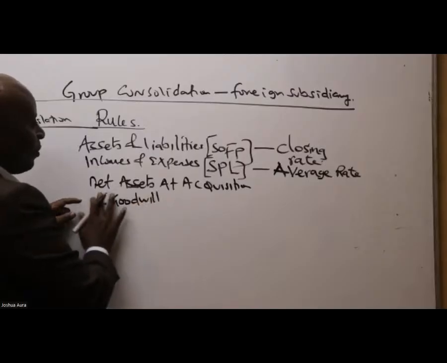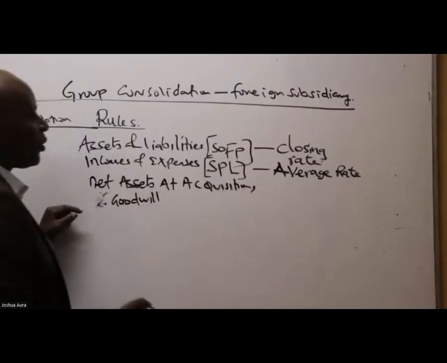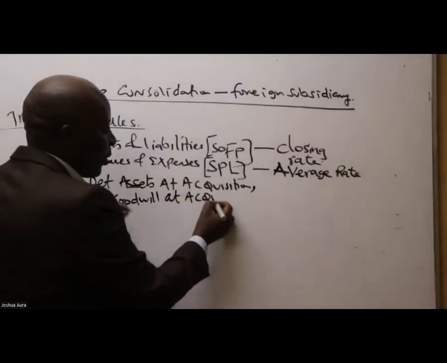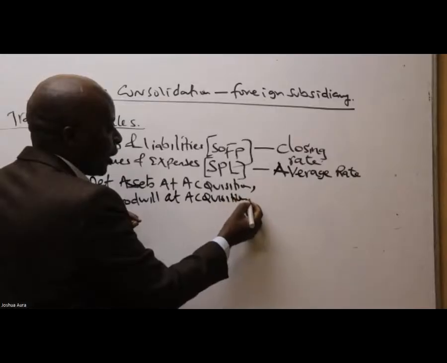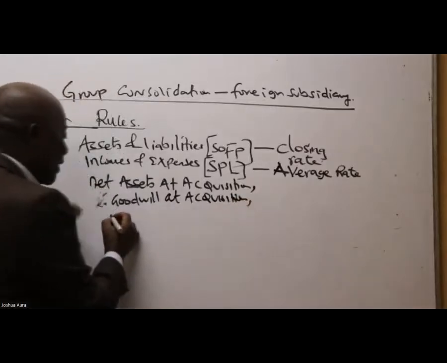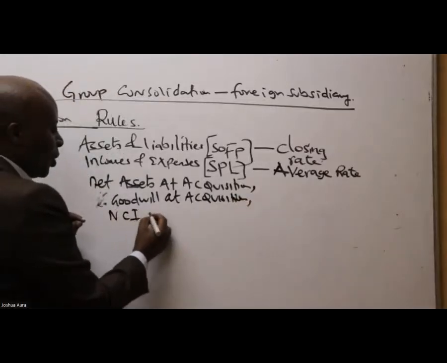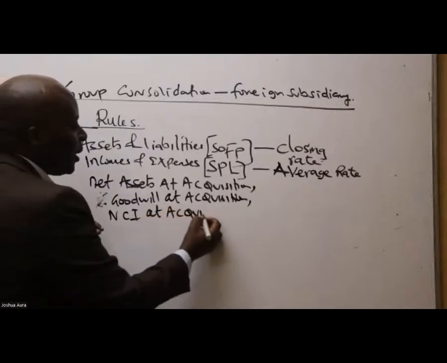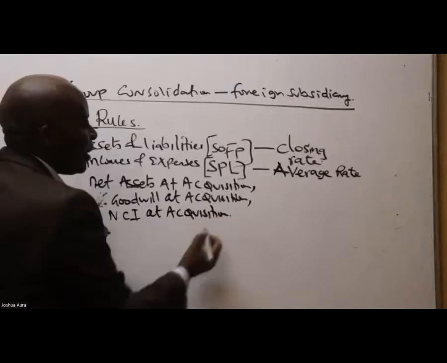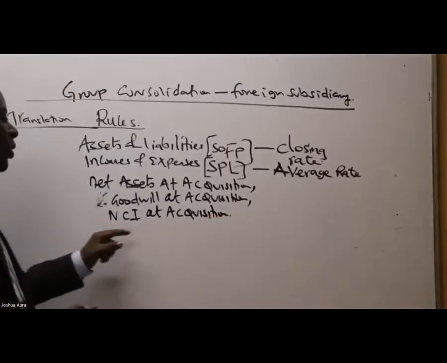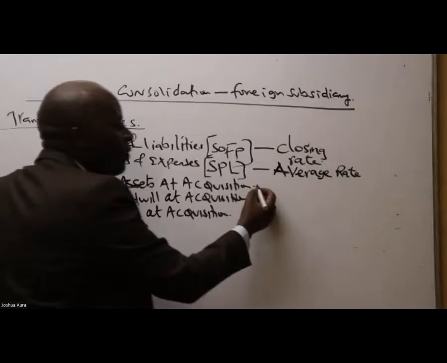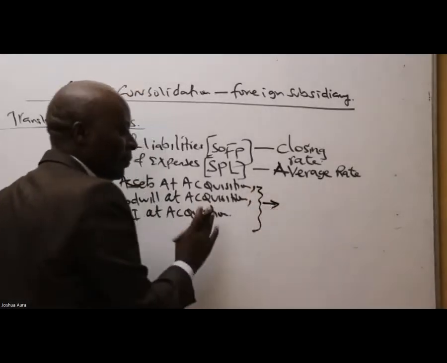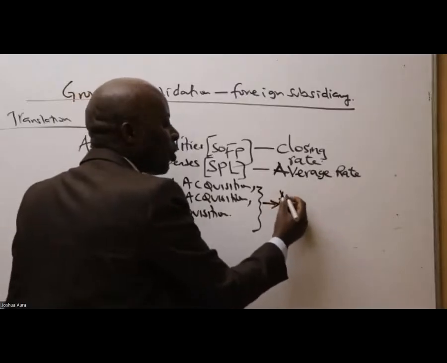Net assets at acquisition, goodwill at acquisition. I want to keep on insisting on this. Goodwill at acquisition. Talk of NCI at acquisition. Anything in this case that this examiner is using this word at acquisition, everything here, we shall be translating them using the acquisition rate.